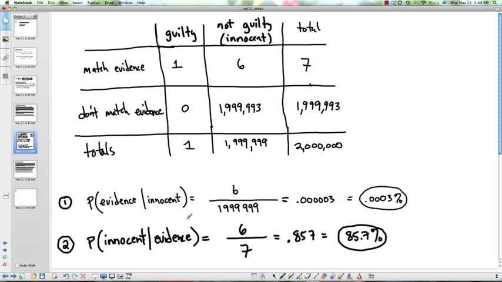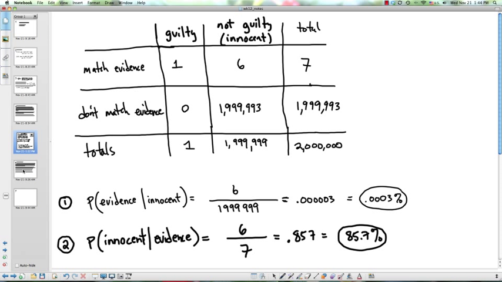Not only that, but maybe they have all of the cash in the freezer, or there's physical evidence of the crime in their basement, a skeleton in the closet, something like that, or they have some clear motive, or other things that the prosecution would use in addition to the fact that they match the DNA evidence. Then you've got a strong case. Okay, that's the prosecutor's fallacy.